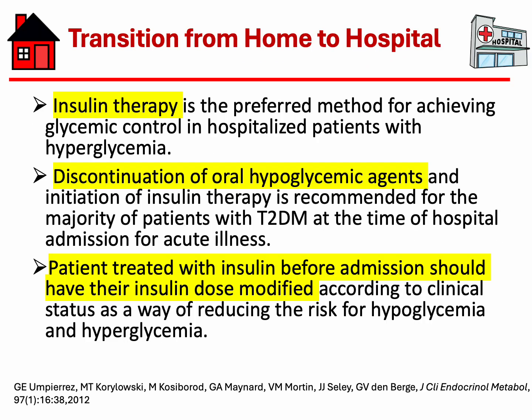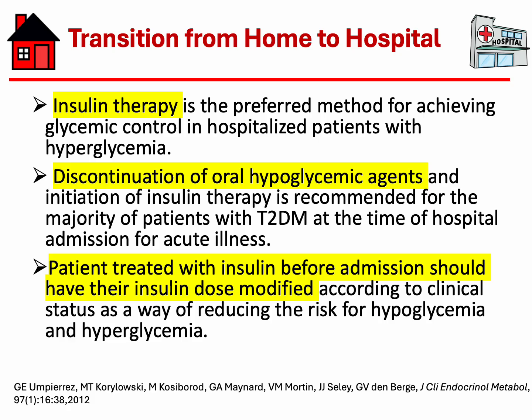Now, transition from home to hospital. Okay, insulin therapy is the preferred method for achieving glycemic control in hospitalized patients with hyperglycemia. Discontinuation of oral hypoglycemic agents is recommended, and initiation of insulin therapy is recommended for the majority of patients with type 2 DM at the time of hospital admission for acute illness.